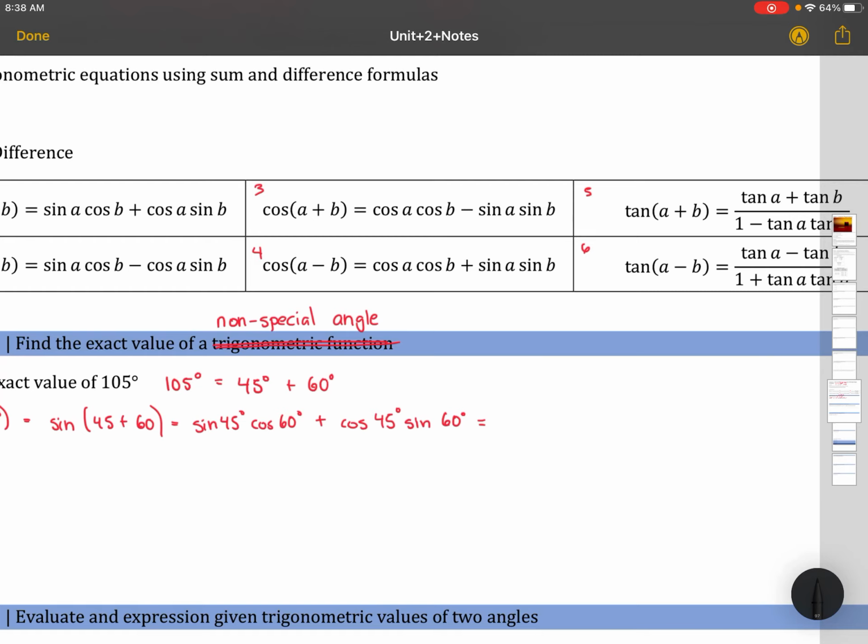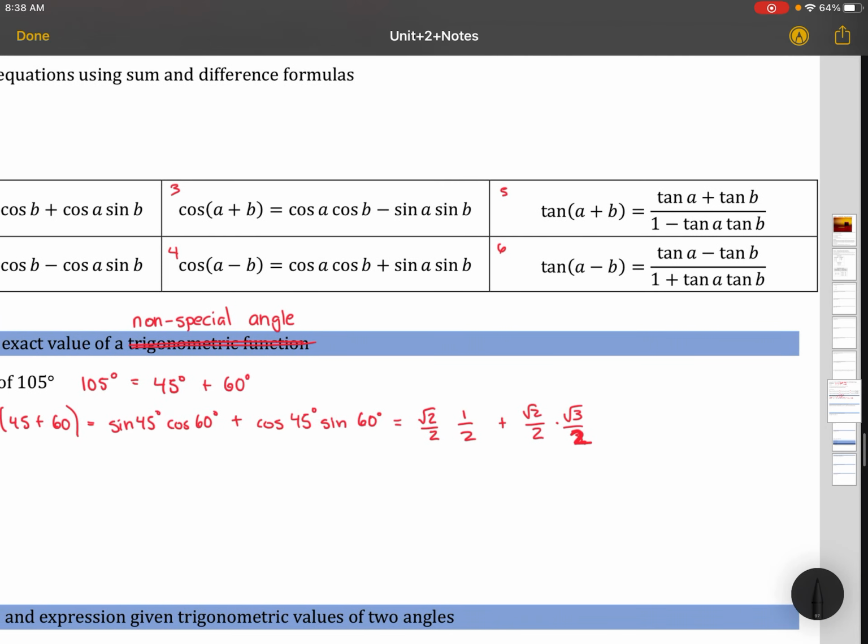On a unit circle, the sine of 45 is square root 2 divided by 2. The cosine of 60 is a half. And the cosine of 45 is square root 2 over 2. And the sine of 60 is square root 3 divided by 2.